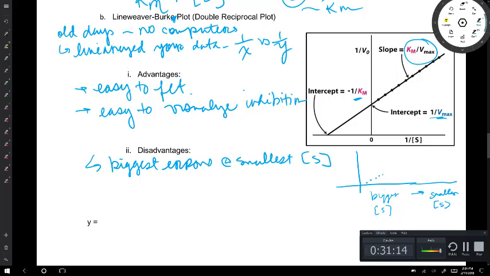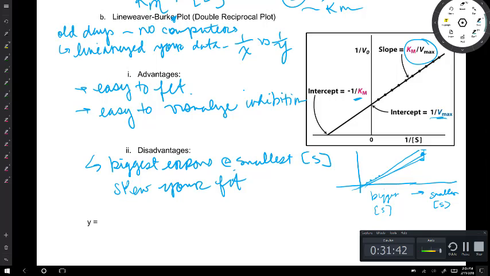So you're going to have like 1 or 2 points that are way out there, and depending on the errors of that slope, it could be here, it could be here, it could be here. And so there's a lot of potential to skew your data. And for those of you who got different values for your activity units depending on your enzyme dilution, you know what I'm talking about.